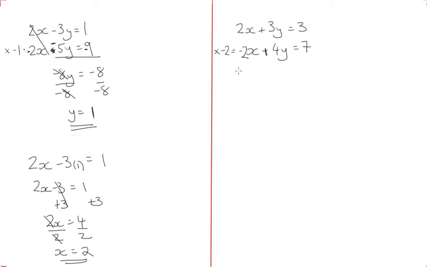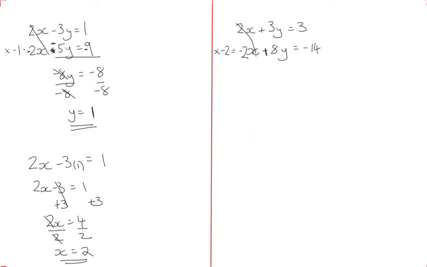Well, that'll change that to a plus 8, because a minus 2 multiplied by a minus 4 gives you a plus 8, and the 7, sorry, will change to minus 14. Is that all right? Okay.